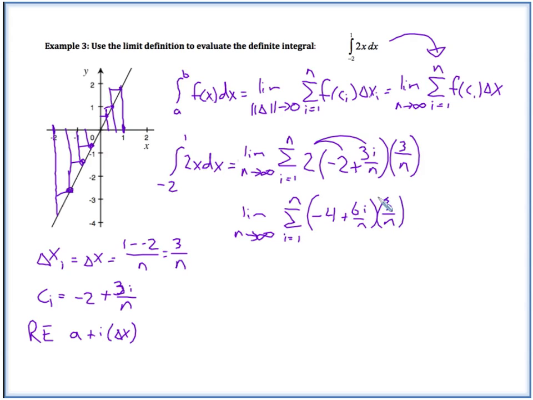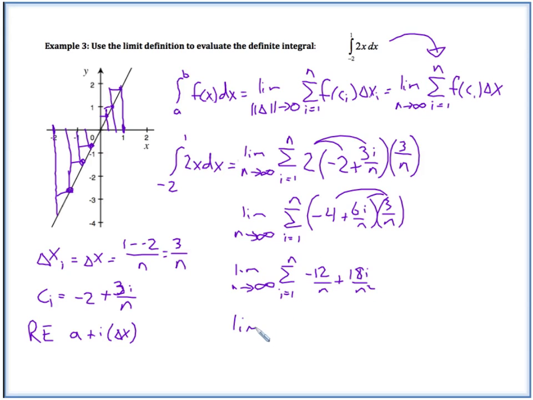And now let's go ahead and distribute the 3 over n here. Okay, now let's go ahead and evaluate this sum.